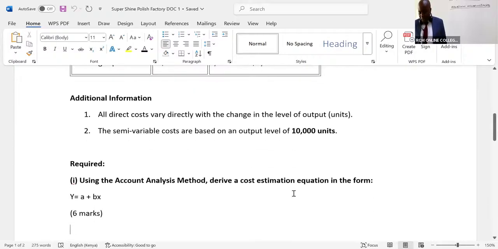So we are required, using the account analysis method, to derive a cost estimation equation in the form of y equals a plus bx.